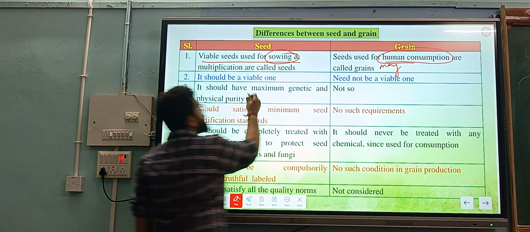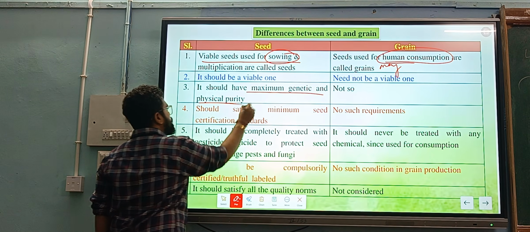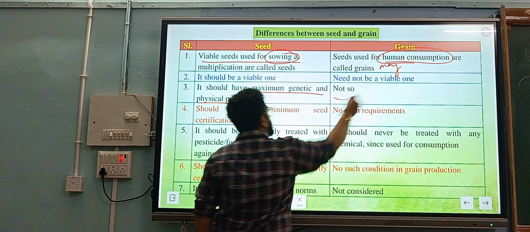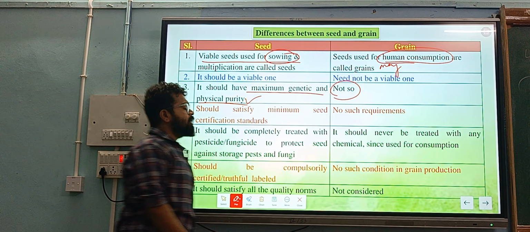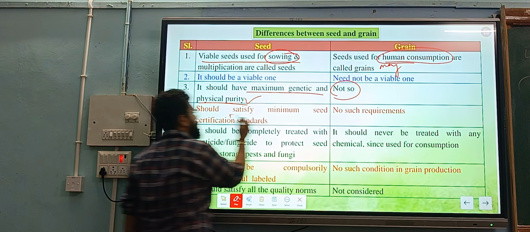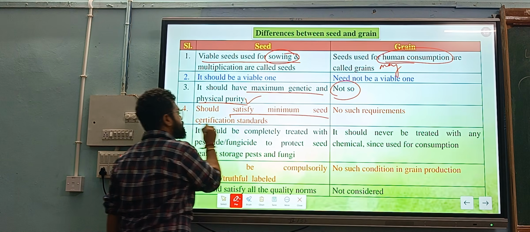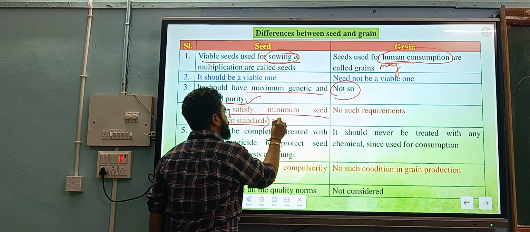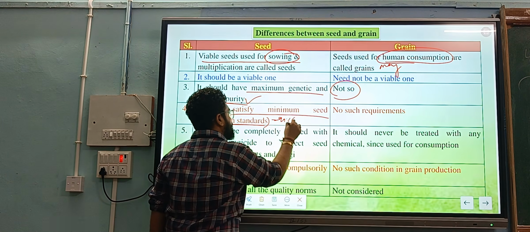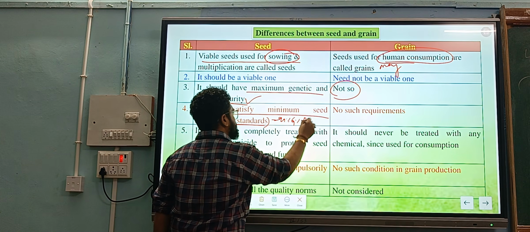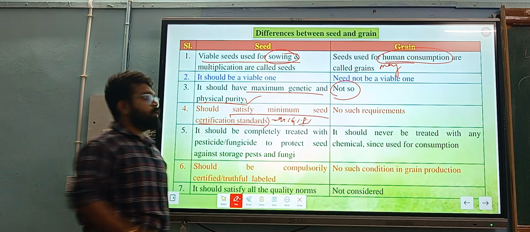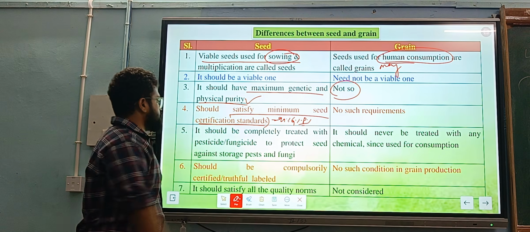Seed should have maximum genetic and physical purity. No such purity concern is there with respect to grain. It should satisfy minimum seed certification standards, that is at least 99% germination percentage and purity percentage. No such requirement with respect to grain.